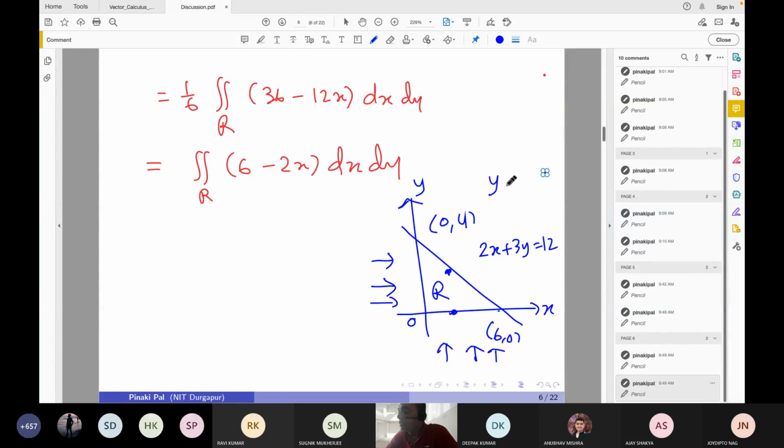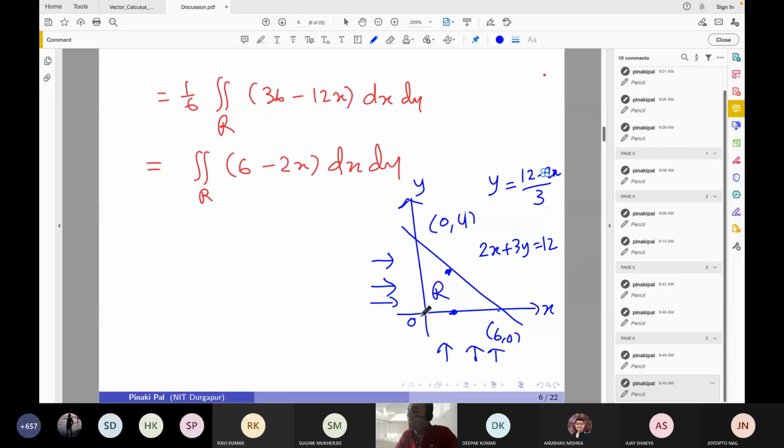That means y is equal to 12 minus 2x by 3. So for each value of x in the range 0 to 6, y will vary from 0 to 12 minus 2x by 3. This is how we evaluate it.